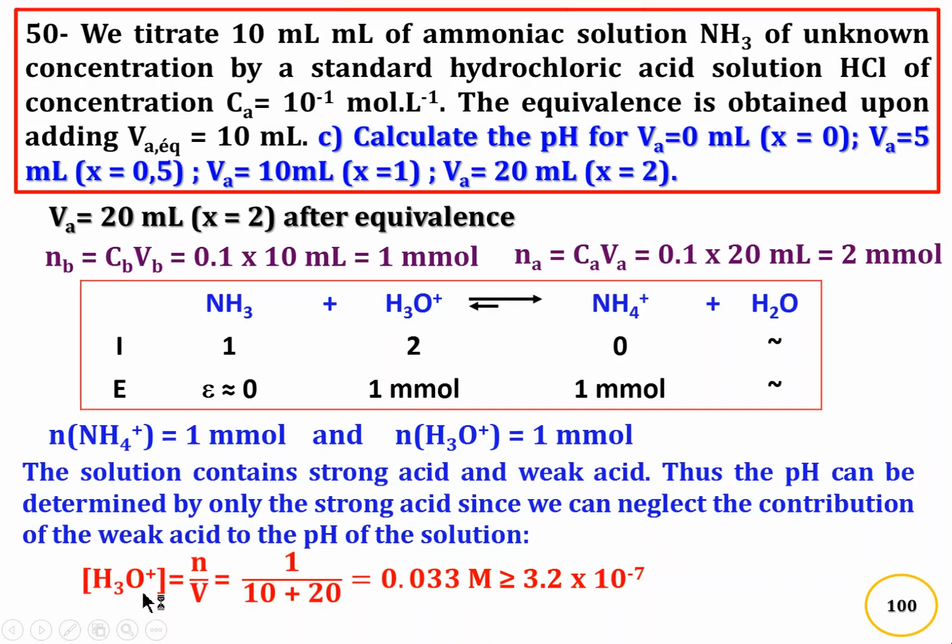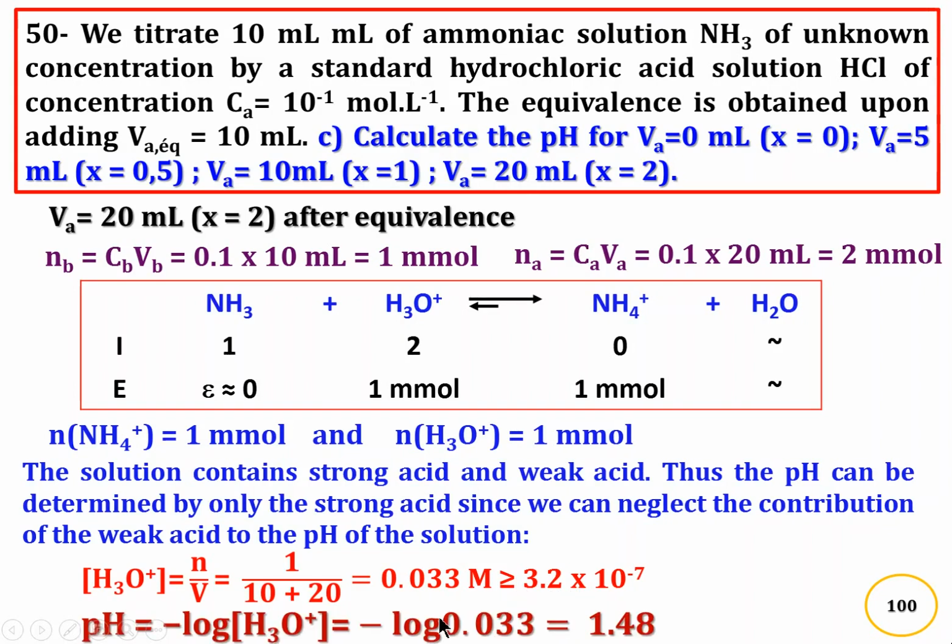The concentration of HCO plus in the solution equals the number of moles divided by V total, equal 1 divided by, initially we have 10 ml plus V added, which is 20 ml, so equal 0.033 molar, which is greater or equal to 3.2 10 minus 7. So we apply directly the relation pH equals pC0, equal minus log 0.033, and the pH therefore is equal to 1.48.